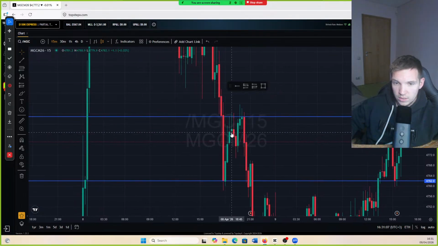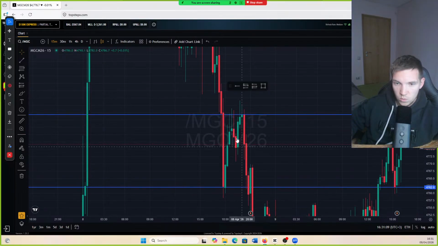When we closed like this, very weak, I waited for this candle to create a small top wick, because this was an hourly closure, so we waited for the top wick to be created.